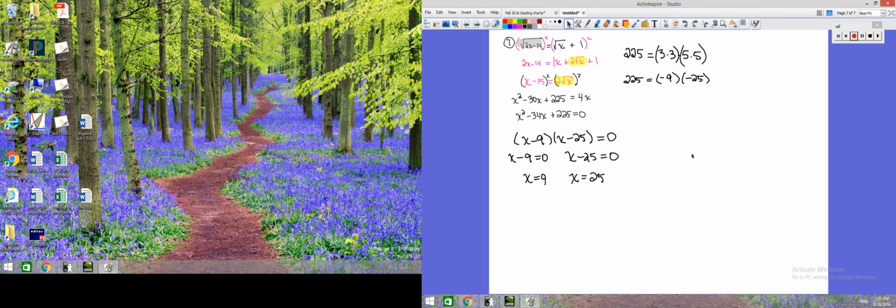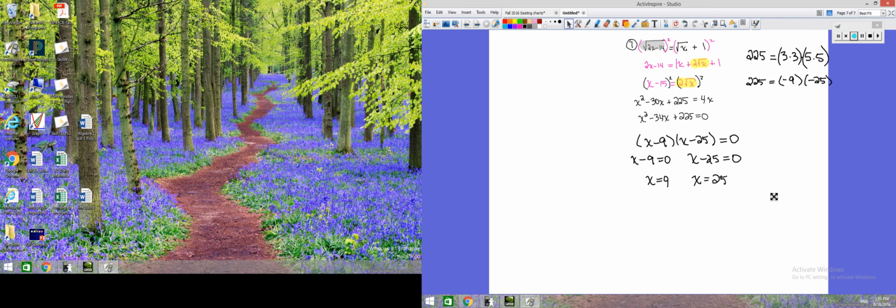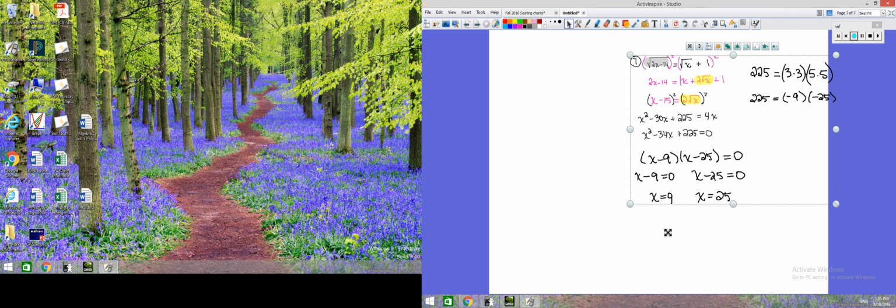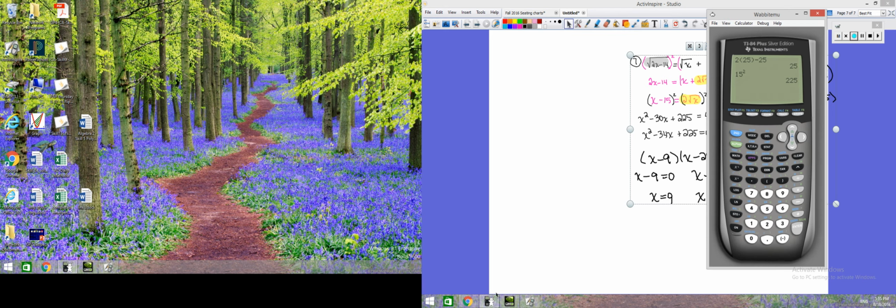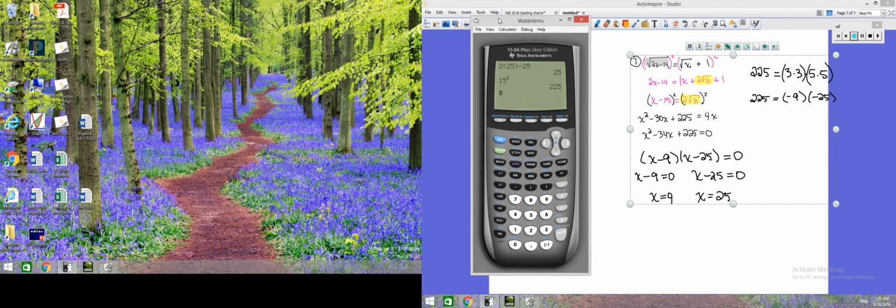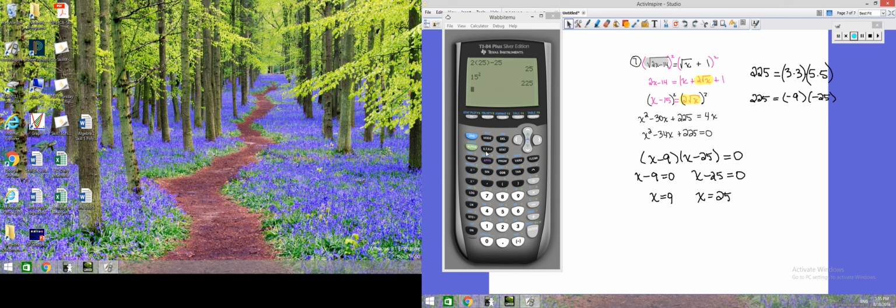Let's see. Because I am more tired than normal, I am going to use my favorite calculator here online. On the left-hand side, what's underneath that radical?